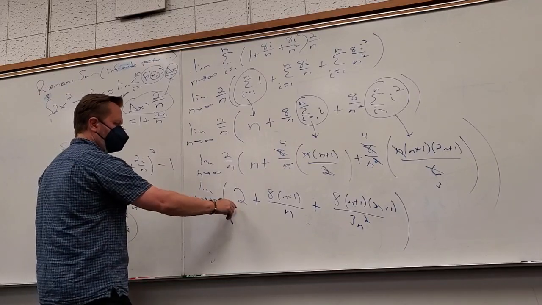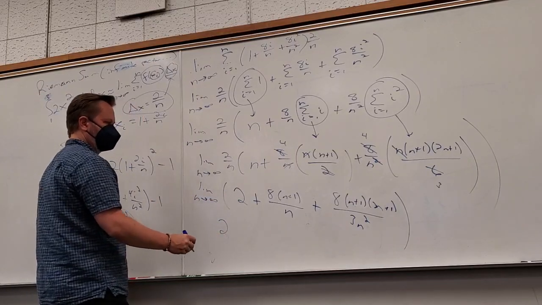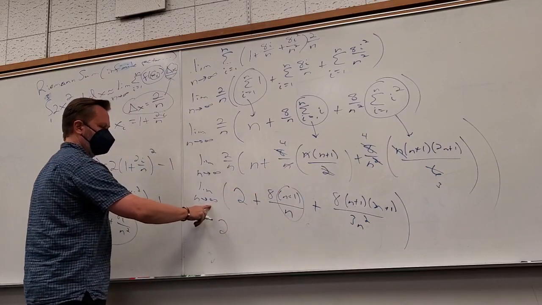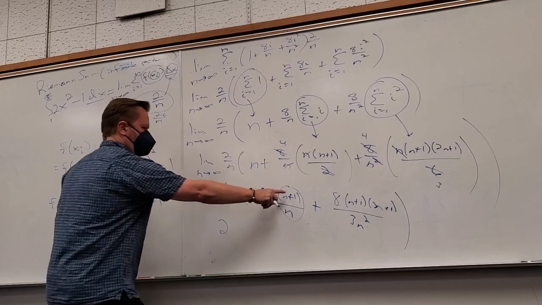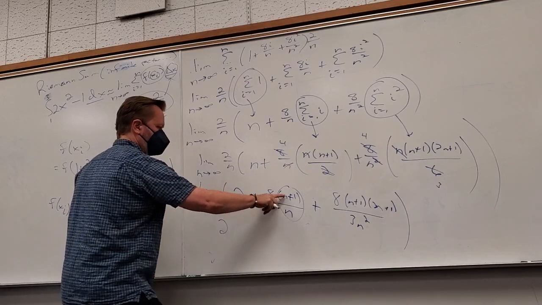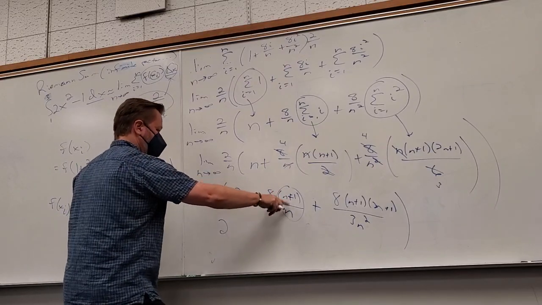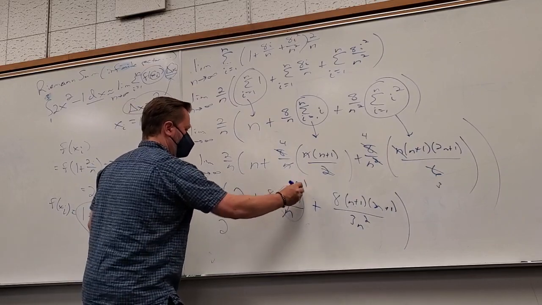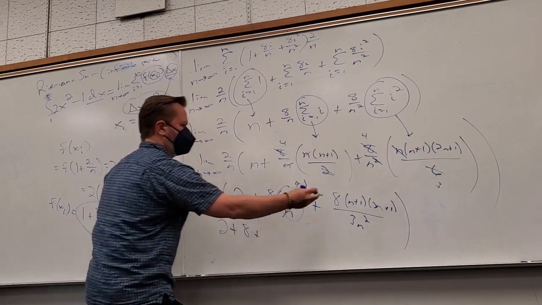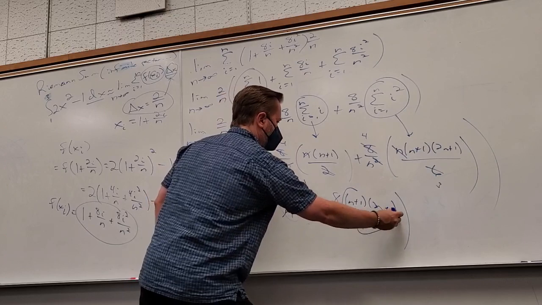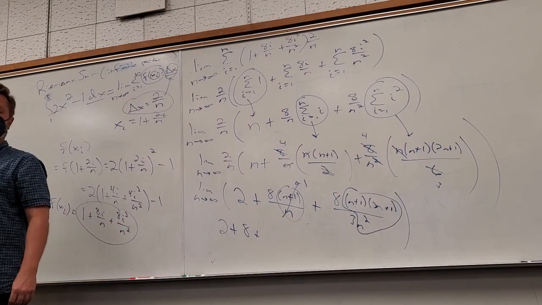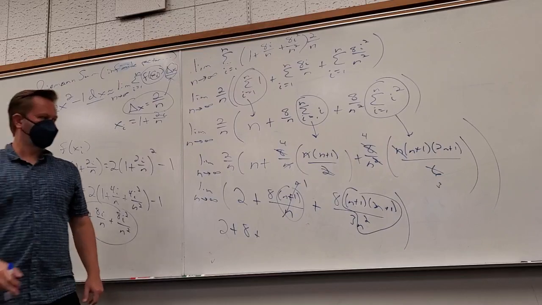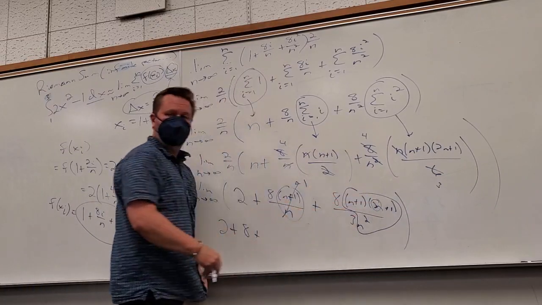So the limit of 2 is 2. What happens to this in the limit? What happens to this when n gets really big? Goes to 1. I like this. That's plus 8. And what happens to this? Goes to 8. No. What's the coefficient on the top of your n squared?